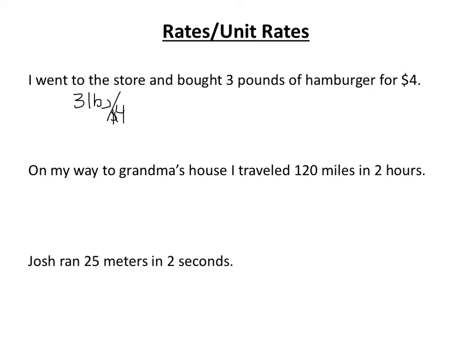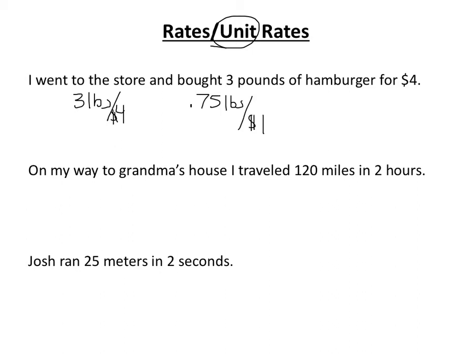However, if I wanted to use a unit rate, because remember we talked about this earlier this year a little bit, it's easier to compare them because your unit is always going to be 1. We can simplify it by taking 3 divided by 4, which would be 0.75 pounds for $1.